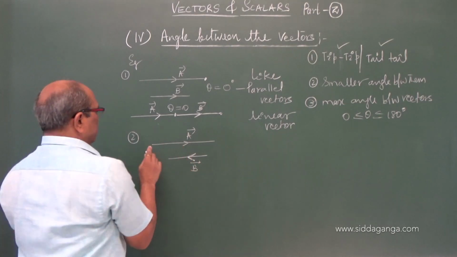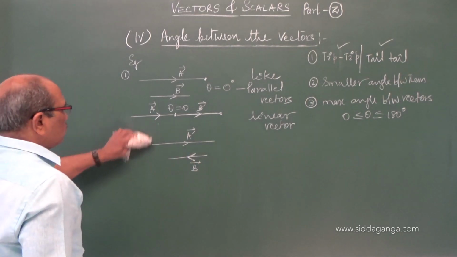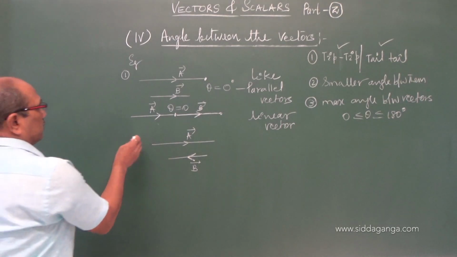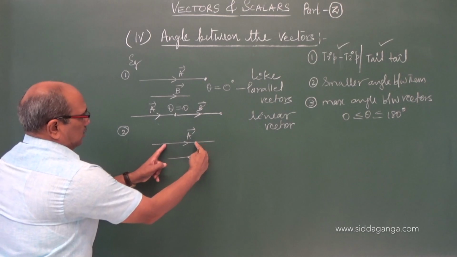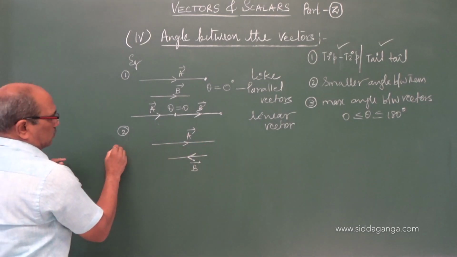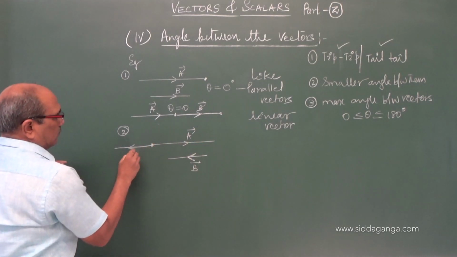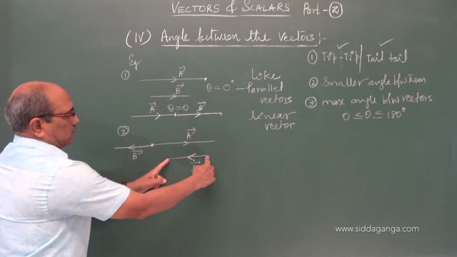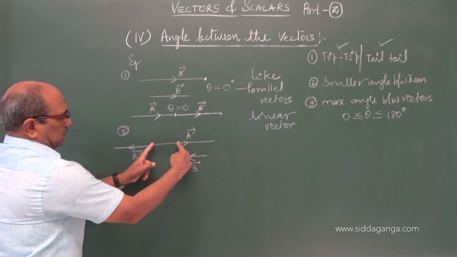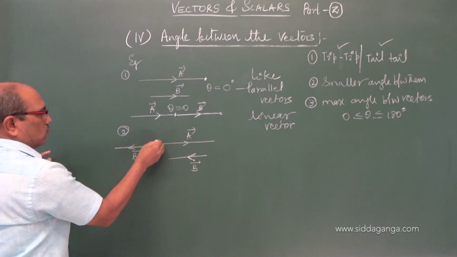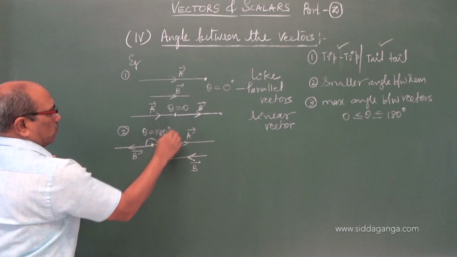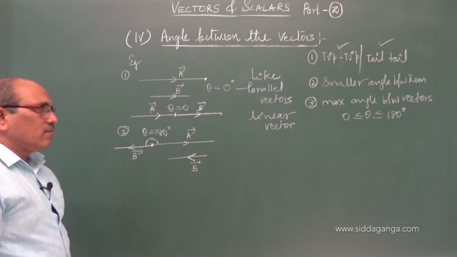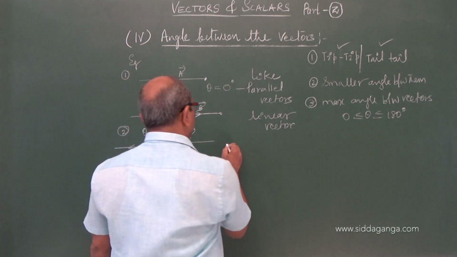Similarly, in case 2, first you raise this and bring it towards the left. So you will get this vector B. I raised it up and slid it towards the left. Now what is the angle between them? 180 degree. Now we say it is anti-parallel.